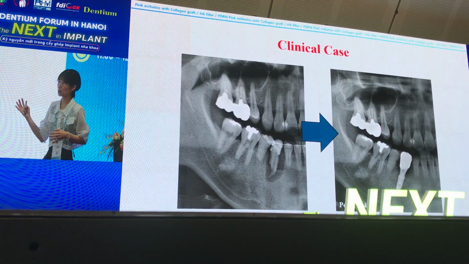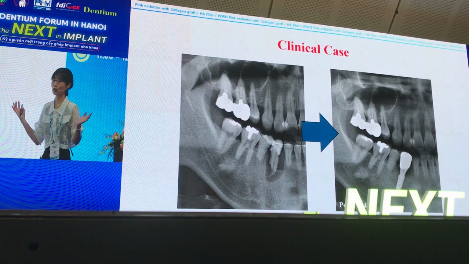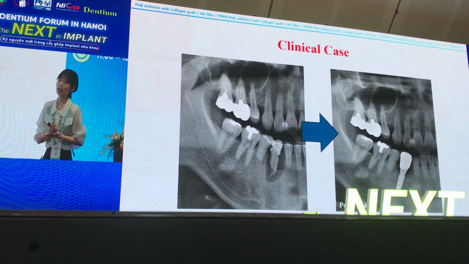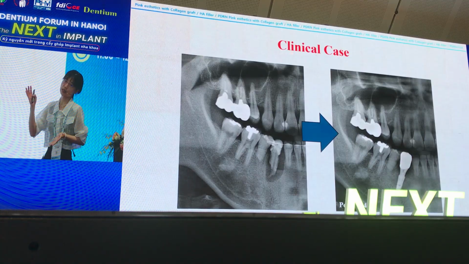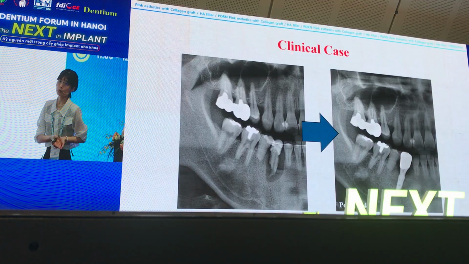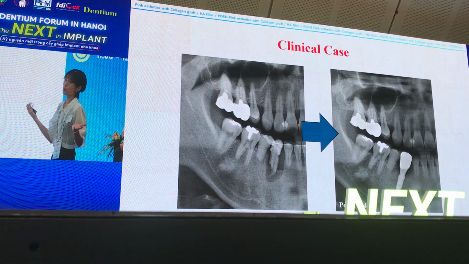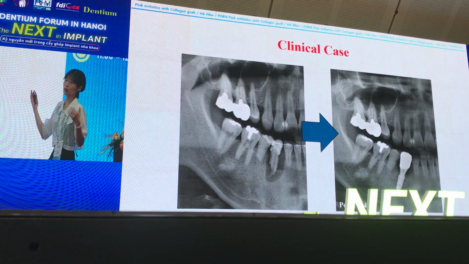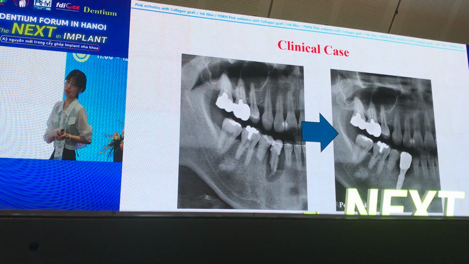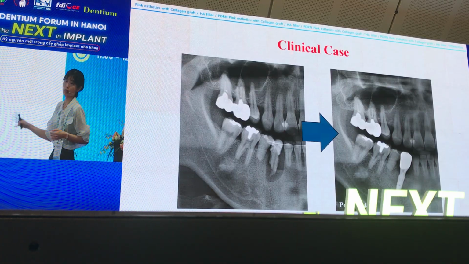And also we can make stable tissue regeneration with PDRN because it can enhance proliferation and also cell migration and also anti-inflammation. So we can use the combined materials and we can get a good, successful clinical outcome like this just within 4 months.